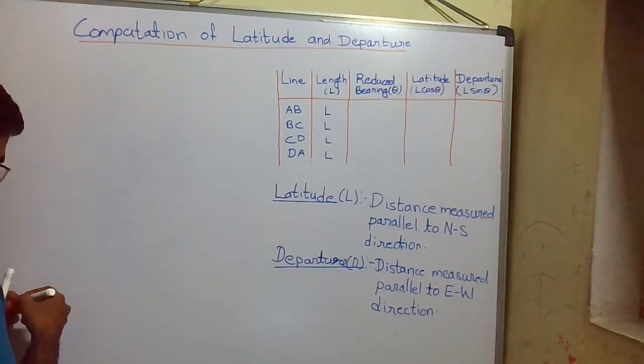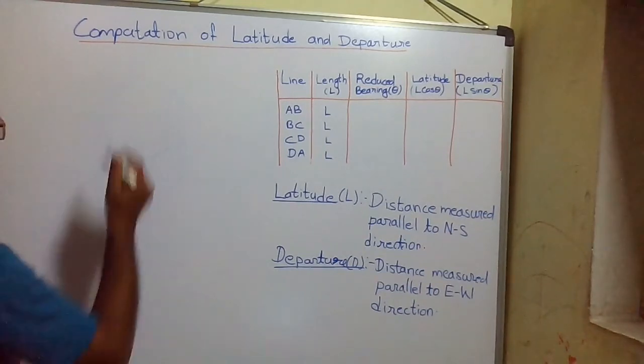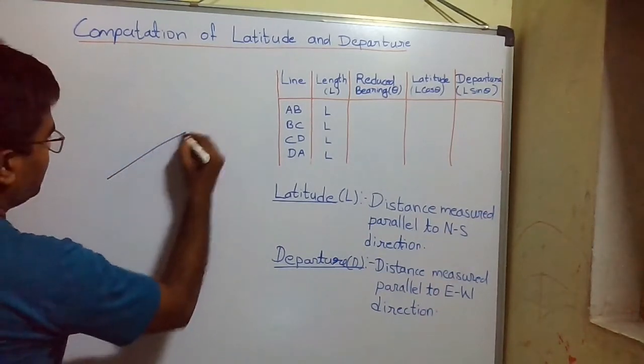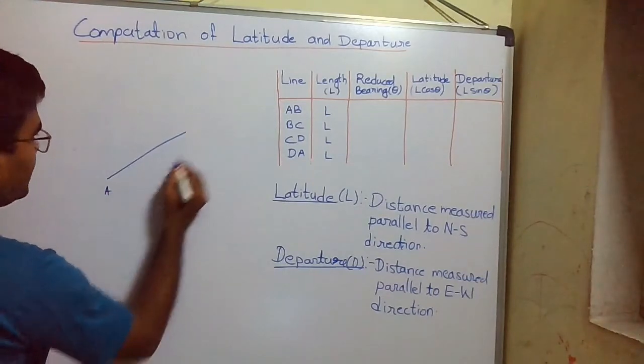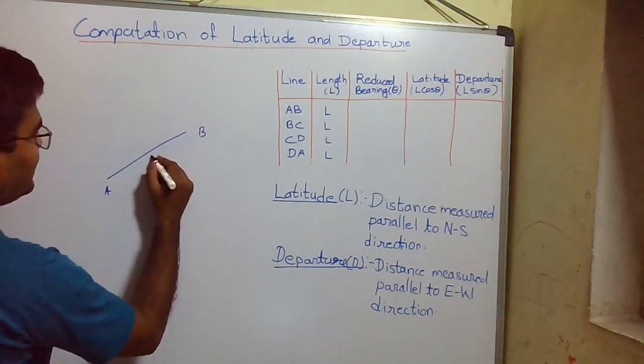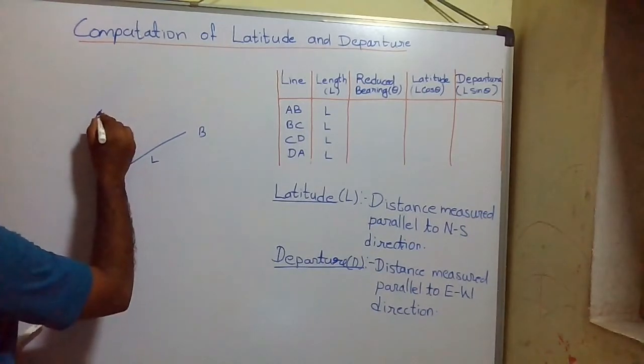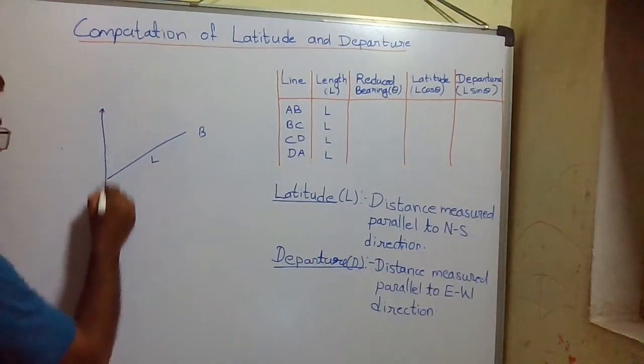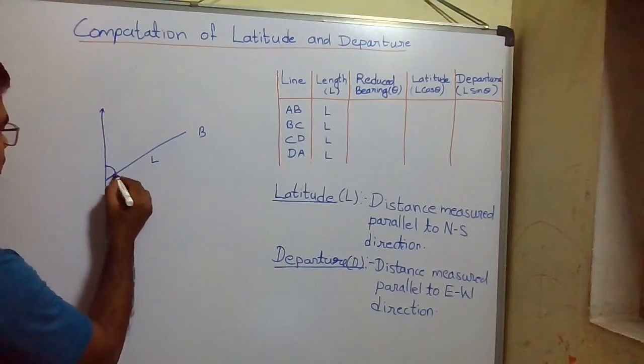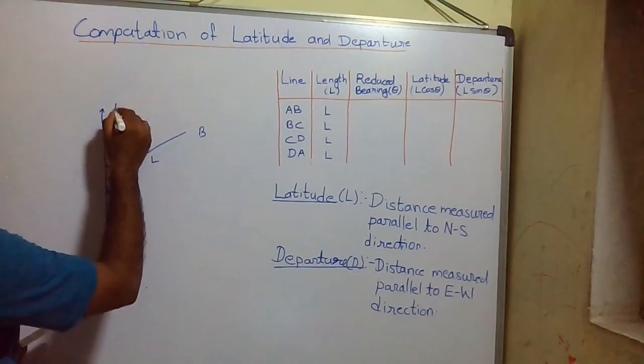Suppose there is a line AB whose length is L and it is making angle theta with the north.